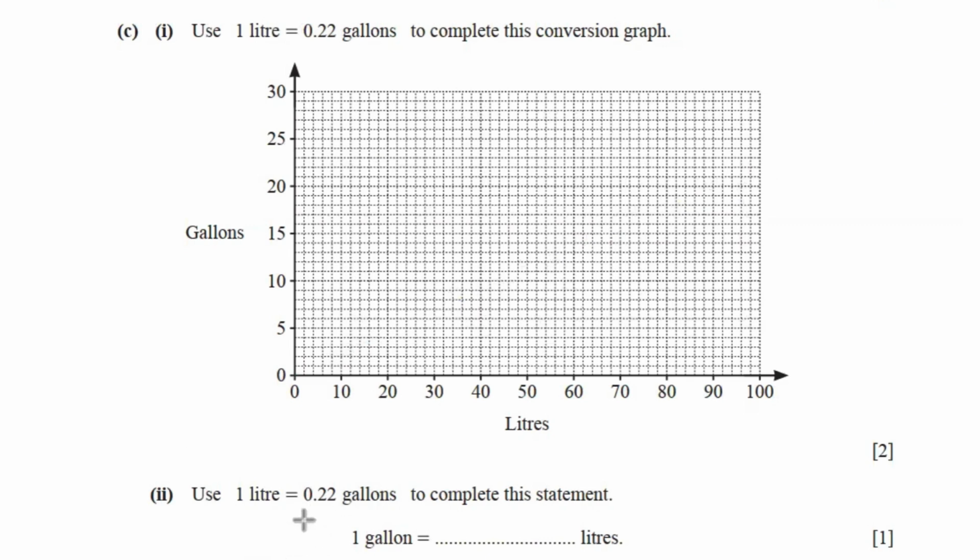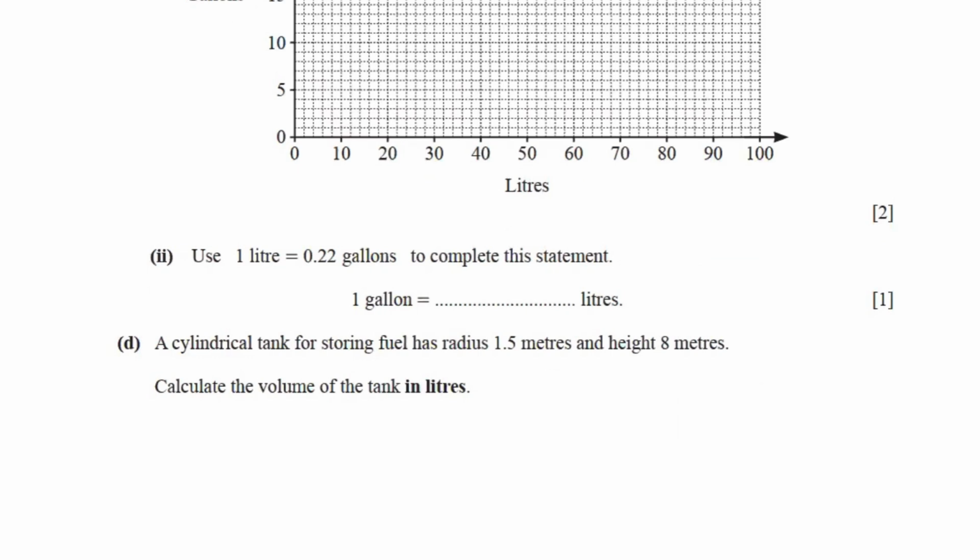Then it says use 1 liter equals 0.22 gallons to complete this statement. 1 gallon would equal 1 over 0.22 liters, which is 4.54 recurring liters. So 4.54 liters is your answer.